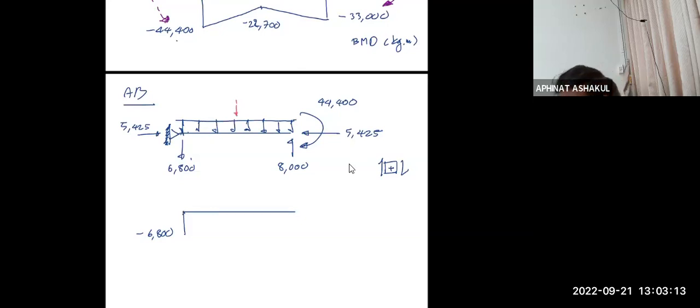So that's 1200, which should bring your shear force diagram down to minus 8,000. See, the negative shear is down and up. So it's up here. So that's negative. So your shear force diagram looks like that.